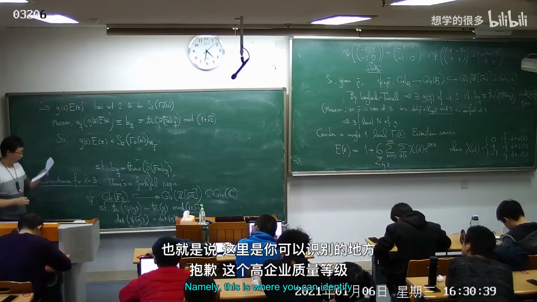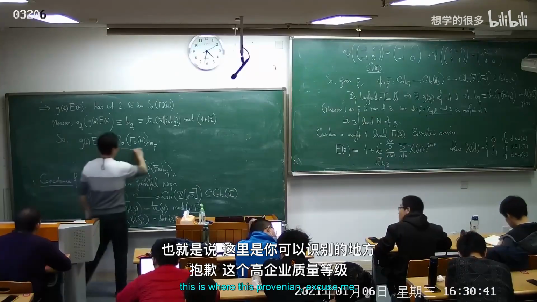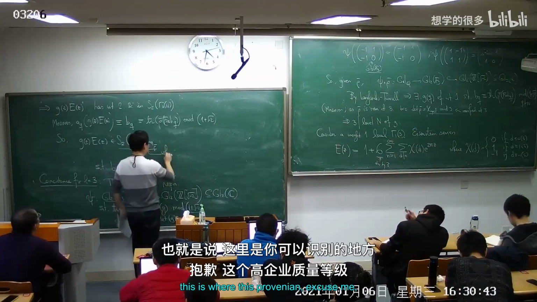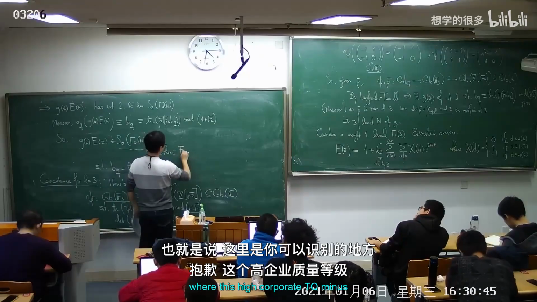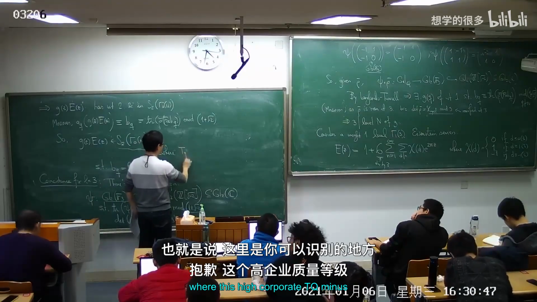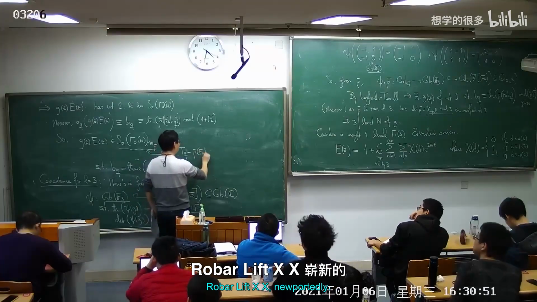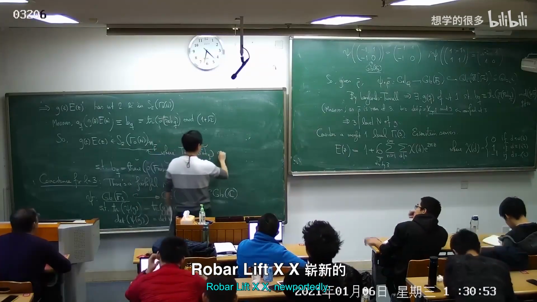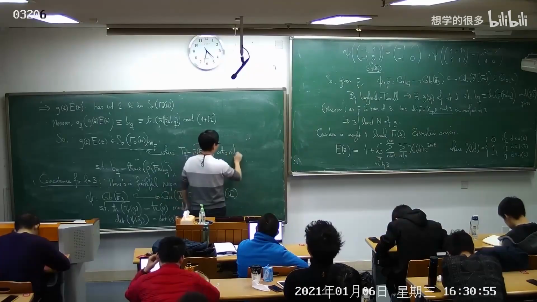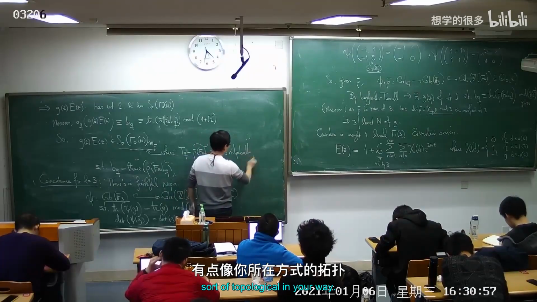Namely, this is where the Hecke operator T_q minus the trace of rho bar Frobenius acts topologically nilpotently.